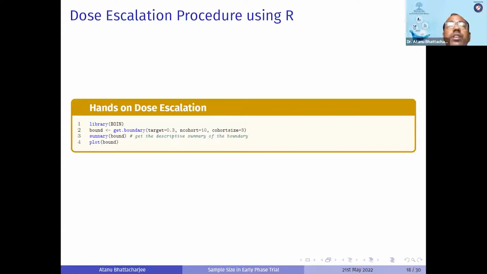I'm talking about phase 1 trial sample size calculation. You can say you want to work with SAS or other software to calculate early phase trials, but I would say go to their website. There are so many small apps they put over there.